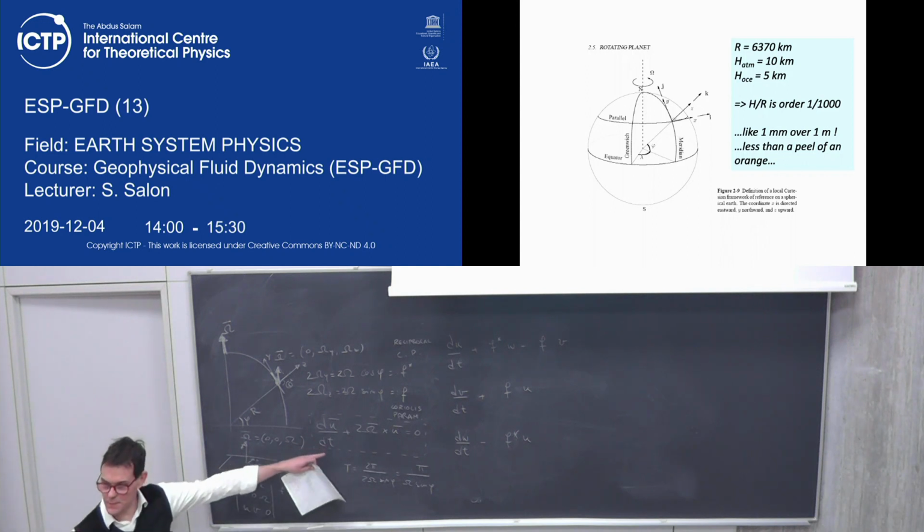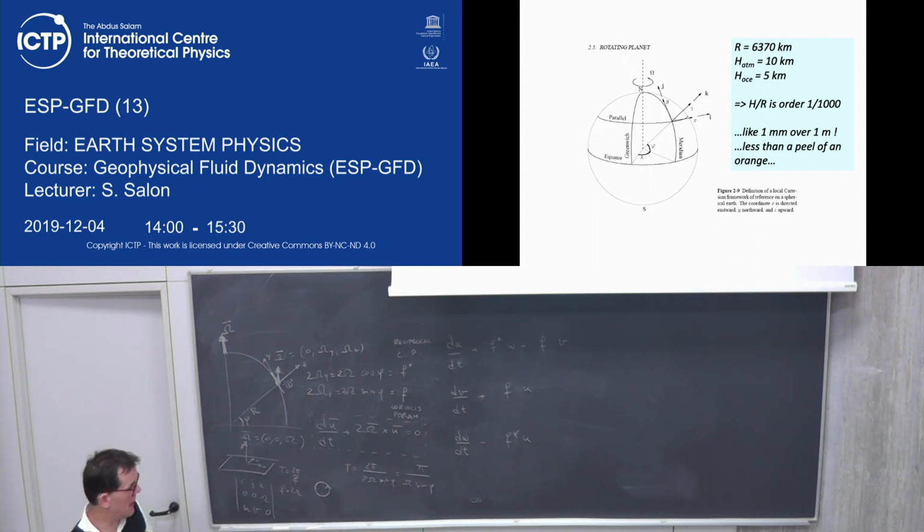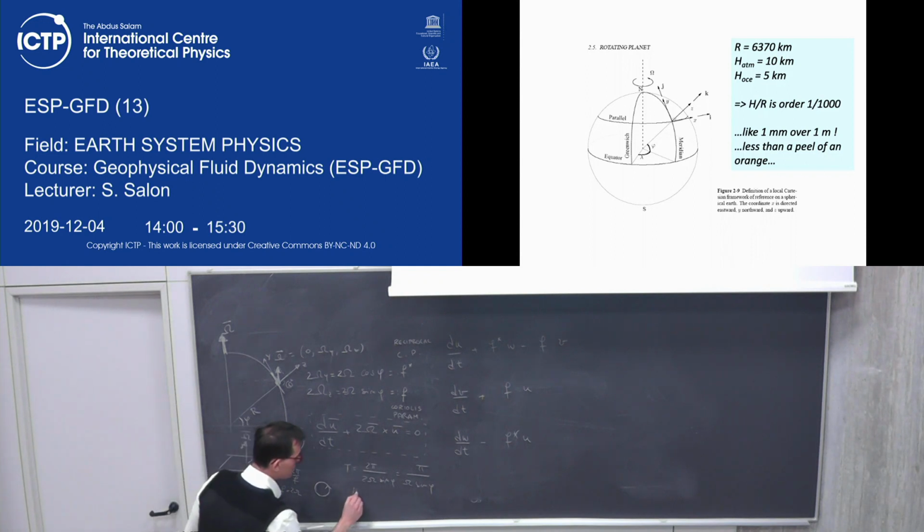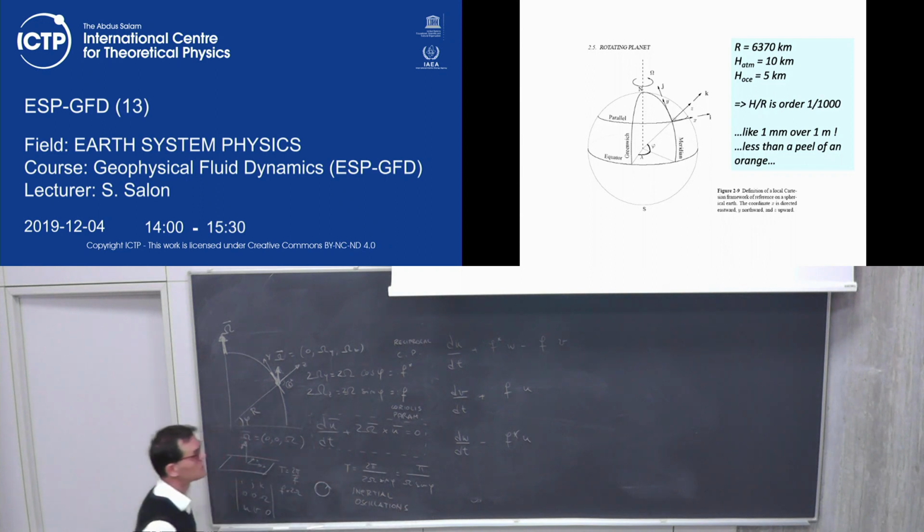So these, as you remember, the solutions of this motion are circular paths. So they are called inertial oscillations. Okay? So this is the first and the most basic and simplest case, let's say the zero approximation for the Navier-Stokes equation in the GFD framework.